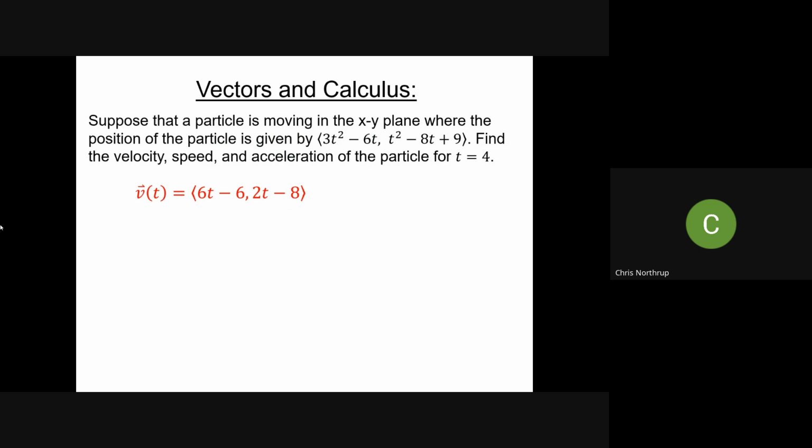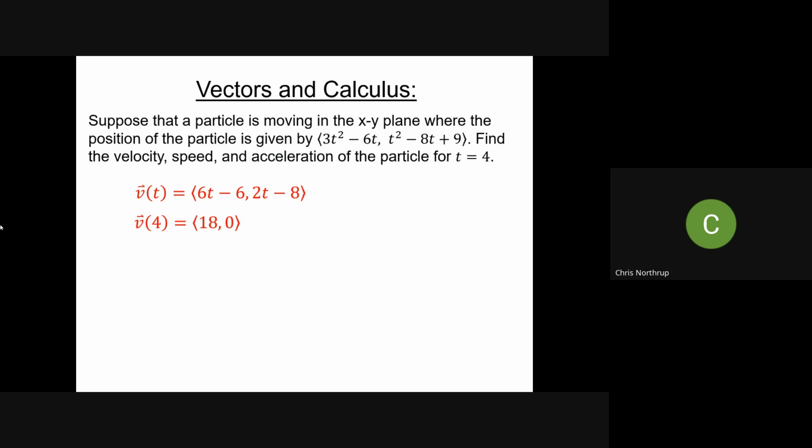So I just use my power rule there. You're going to come across all kinds of functions. You've got to remember all your derivative rules, which tells me that at t equal to 4, I can just plug right in. 4 times 6 minus 6 is 18. 2 times 4 minus 8 is 0. Okay, so there's my velocity. I'd be 18 in the x direction and then 0 in the y direction.